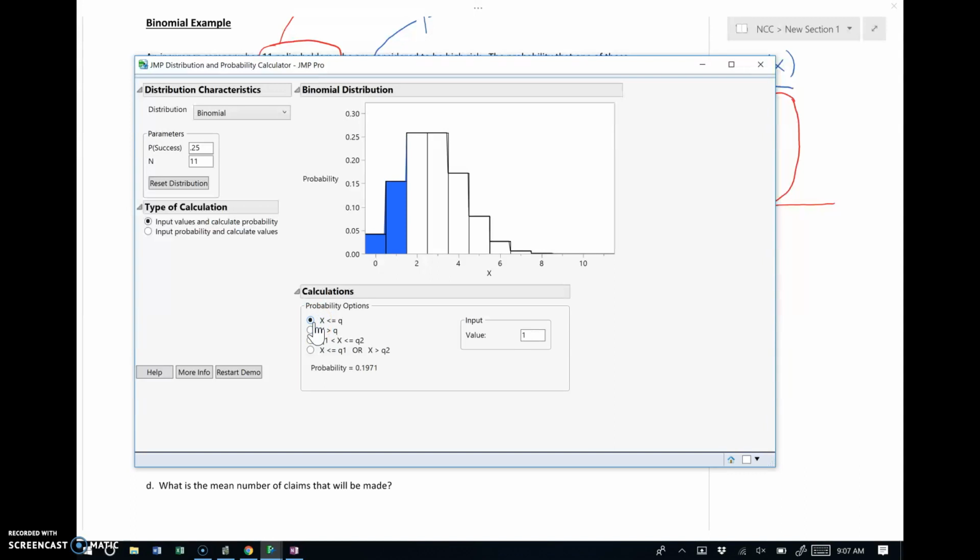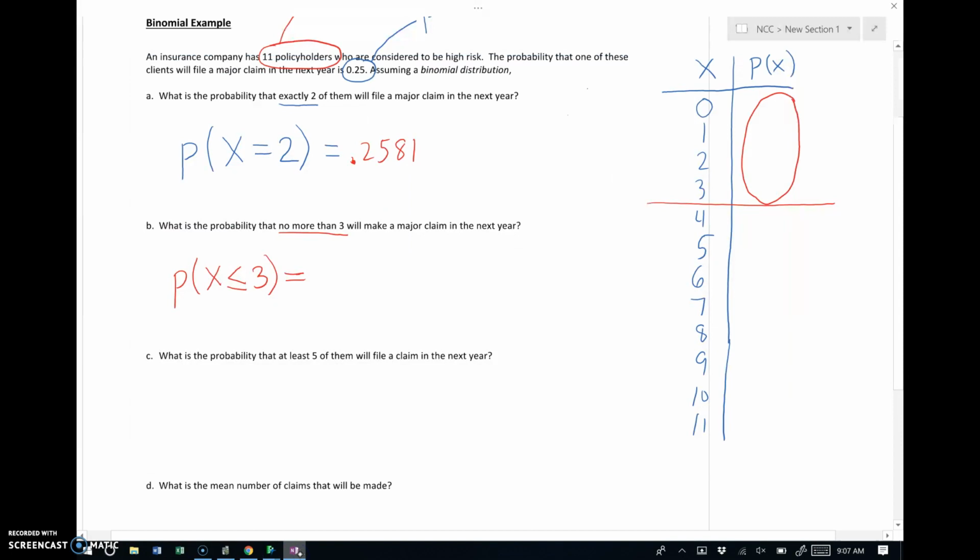I want the probability for 0, 1, 2, and 3. In other words, the probability X is less than or equal to 3 is equal to the probability X is 0, plus the probability X is 1, plus the probability X is 2, plus the probability X is 3.